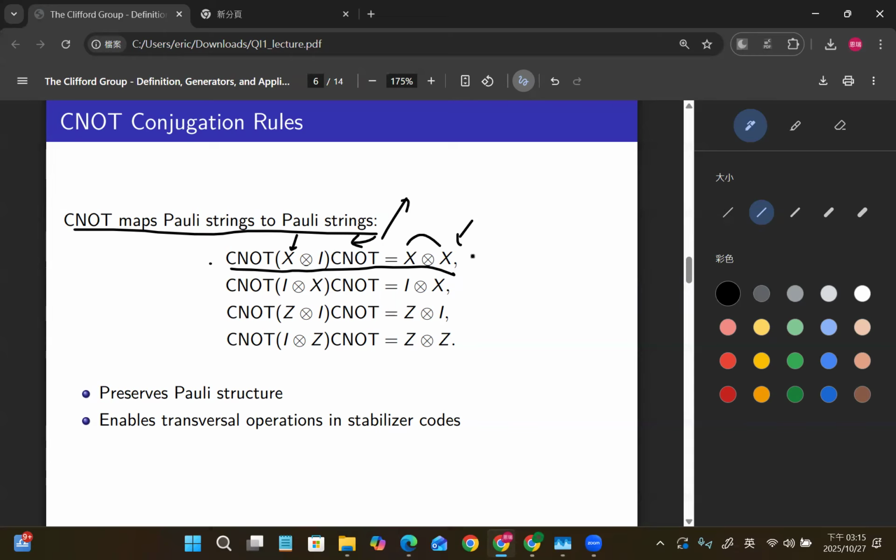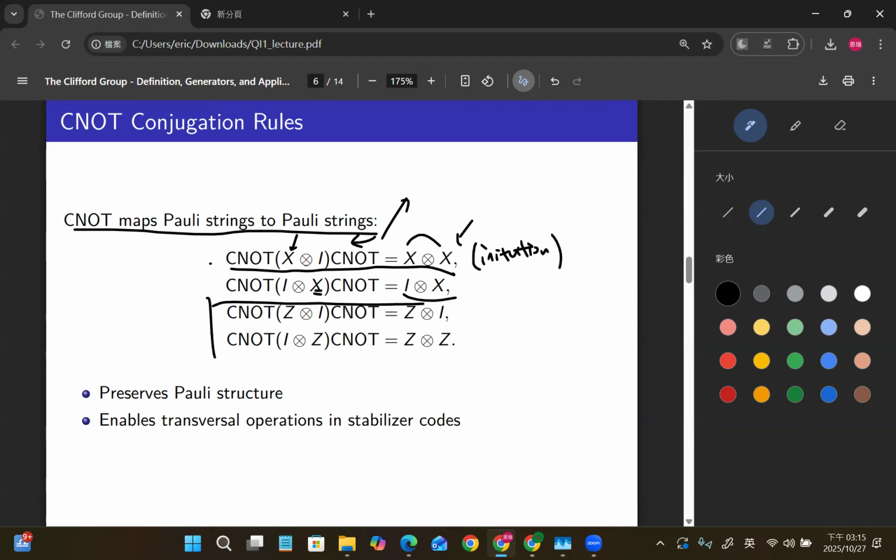You can prove it by yourself. You can just mathematically expand it, but this is just intuition. Simply speaking, also if the second bit flips, the second bit is the target qubit, so if the target qubit flips, the result is still the same, just the target qubit flips, because the first qubit does not flip.